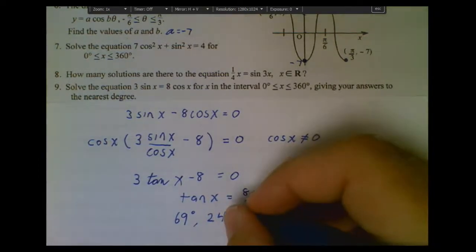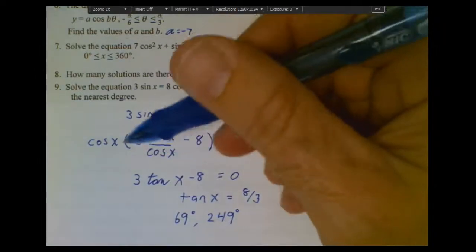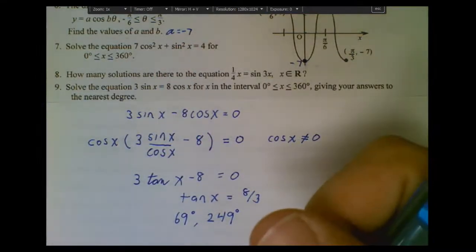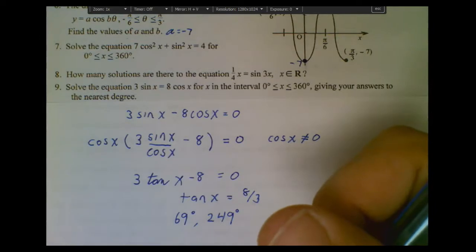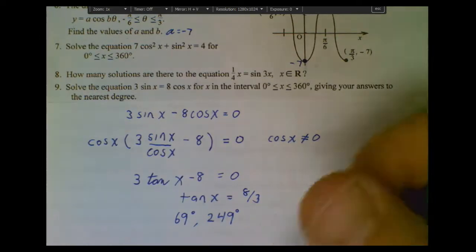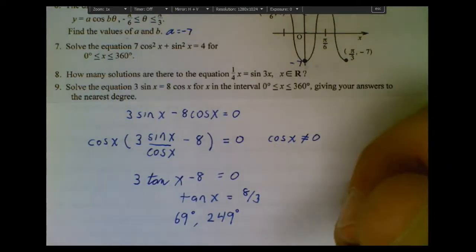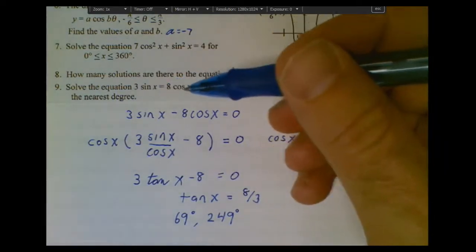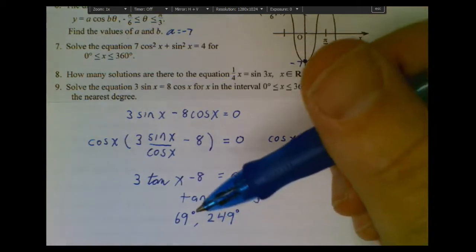Just as a side note, if you did set cosine x equal to 0 and solve, and come up with some solutions like that, like 90 degrees and 270 degrees, you would notice if you, like any equation, took those answers and plugged them back in, you would find that they don't work.